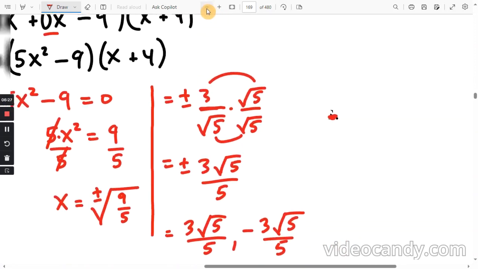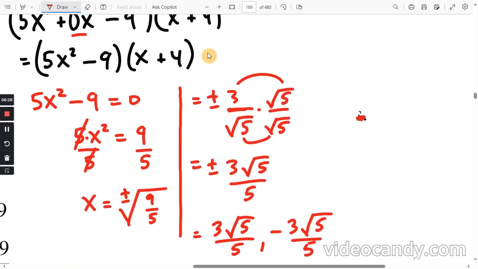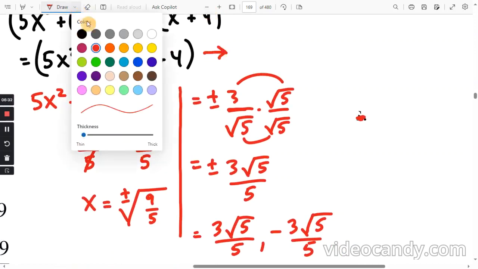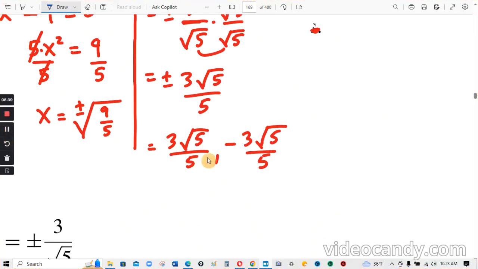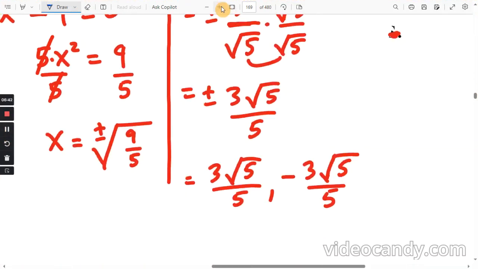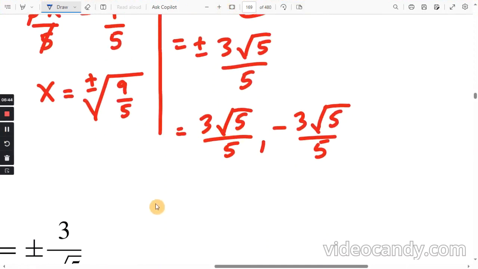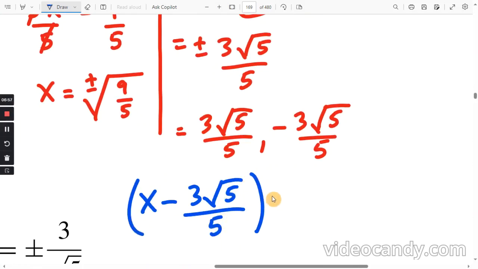So let's see. Doing a different color. The 5x squared minus 9 gets broken up. All right, so what happens here? Just like before, we do x minus each of these. So it's going to be x minus 3 radical 5 over 5. And it's going to be x minus negative 3 radical 5 over 5.